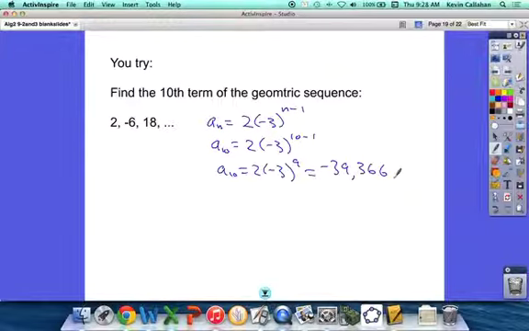Okay, find the 15th term. Just using the same sequence, find the 15th term.